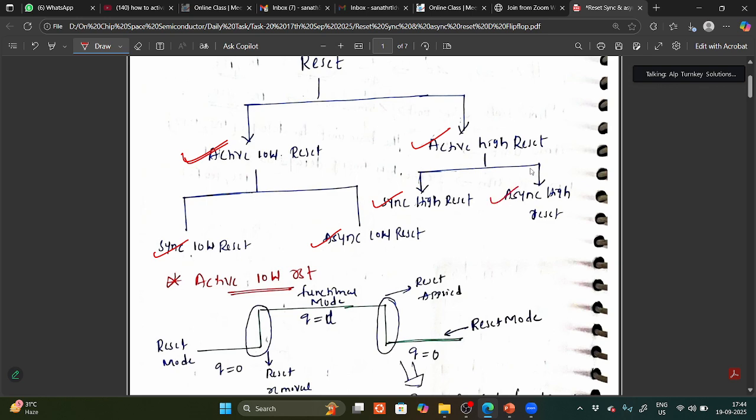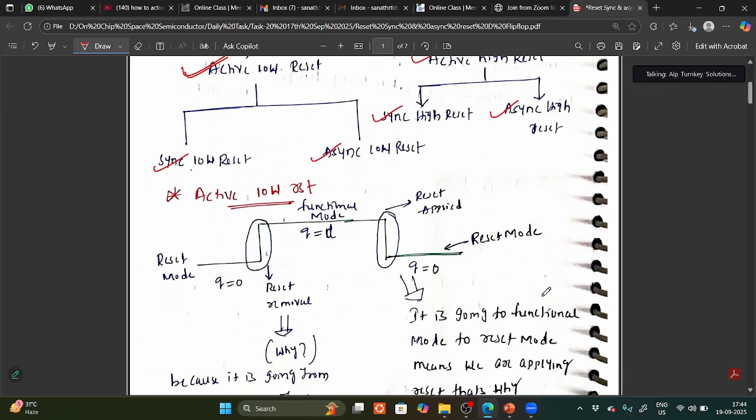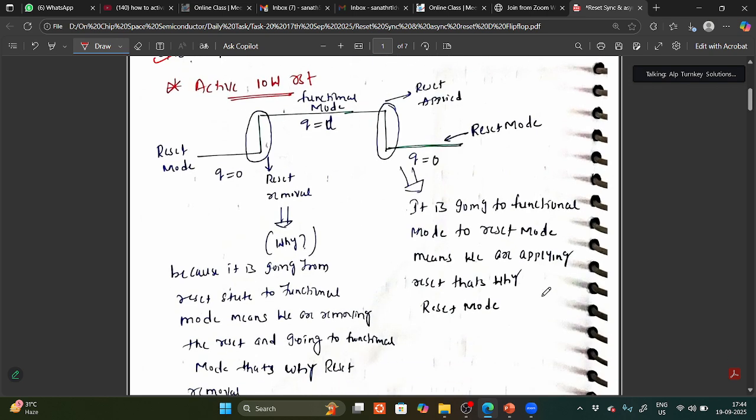We'll try to understand what is active low reset. Active low reset means when it is 0, it will be in reset mode, and when it is 1, it will be in functional mode.